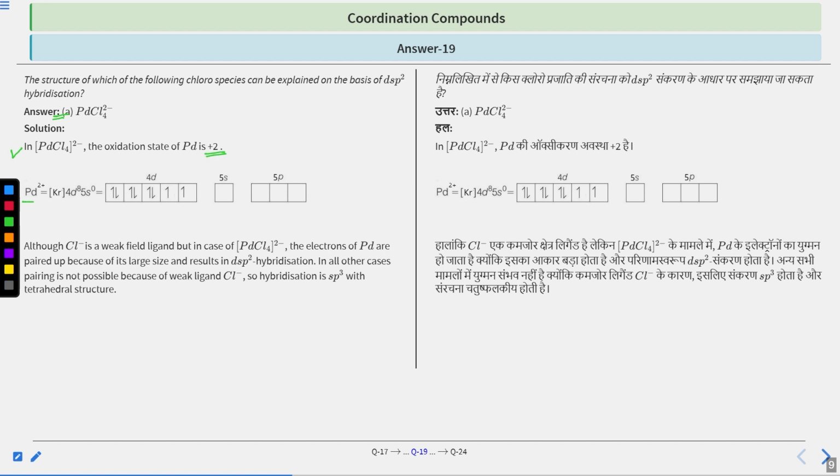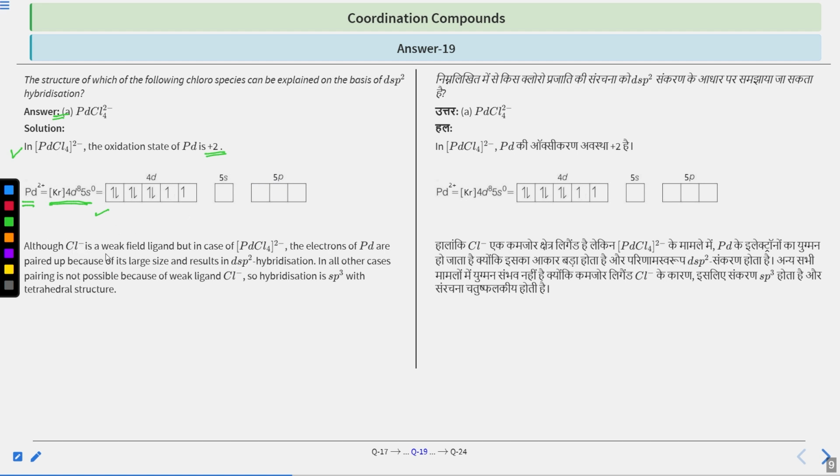Palladium in the +2 oxidation state has the configuration krypton 4d8 5s0. If you write it in the form of orbitals, it will be this: 4d8, 8 electrons will fill according to the rules, and then 5s and then 5p.